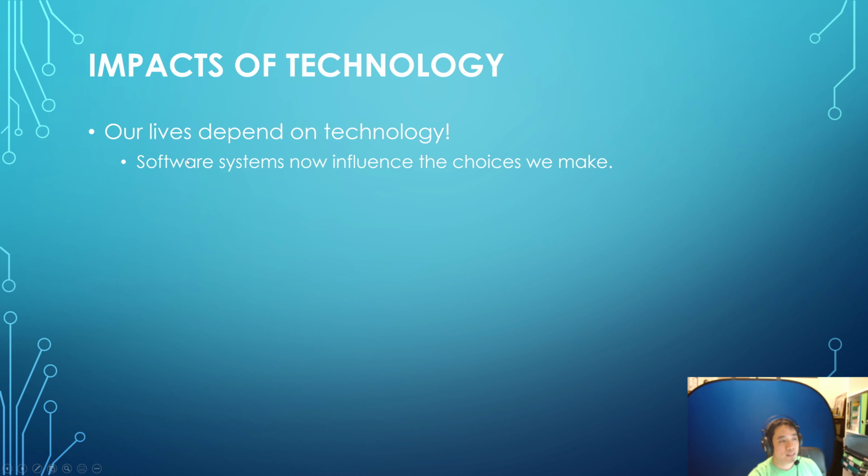And another thing I need to tell you is software systems, maybe those from social platforms like Twitter, Facebook, Instagram, maybe even YouTube, can even influence the choices we make. That is how powerful technology is.